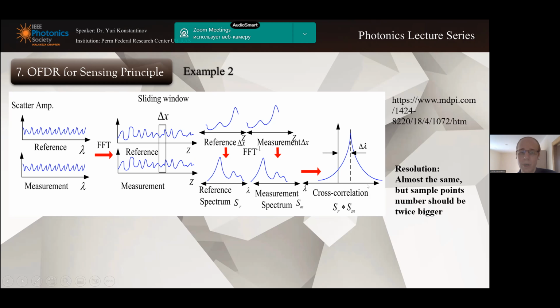The spectrum which is related to the measurement data is a bit shifted, and we can provide the cross correlation of these arrays and see the value of its shift. And this value will be related to the strain and temperature in the fiber.